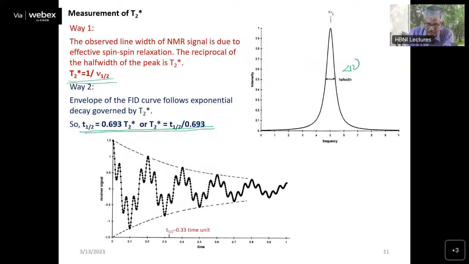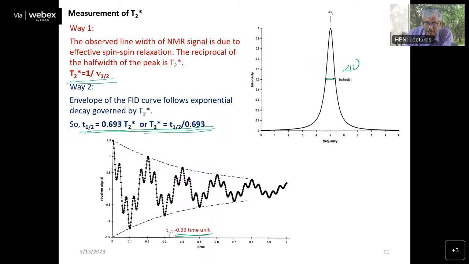The T half is the time where the signal intensity becomes half. In this particular case, at 0.33 time unit, the signal intensity becomes half. So you can modify these equations: T2 star is equal to T half by 0.693.